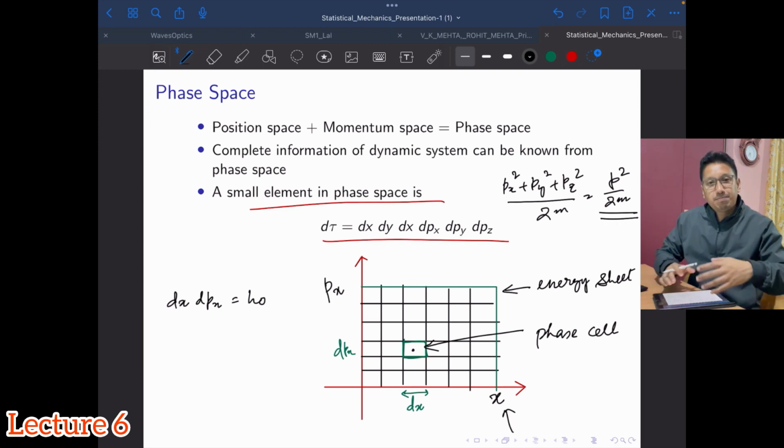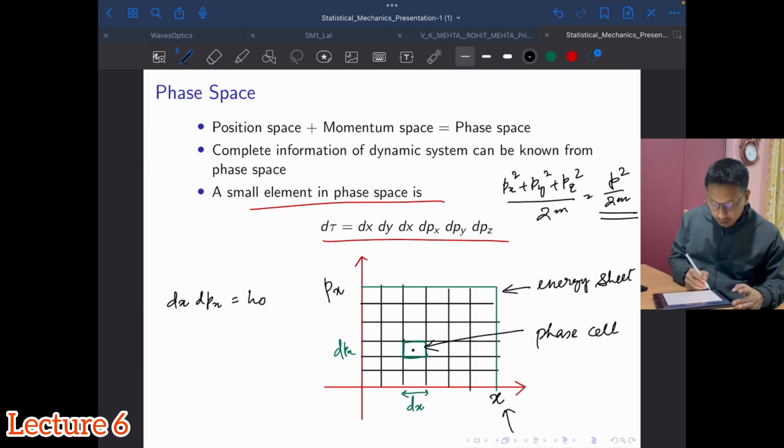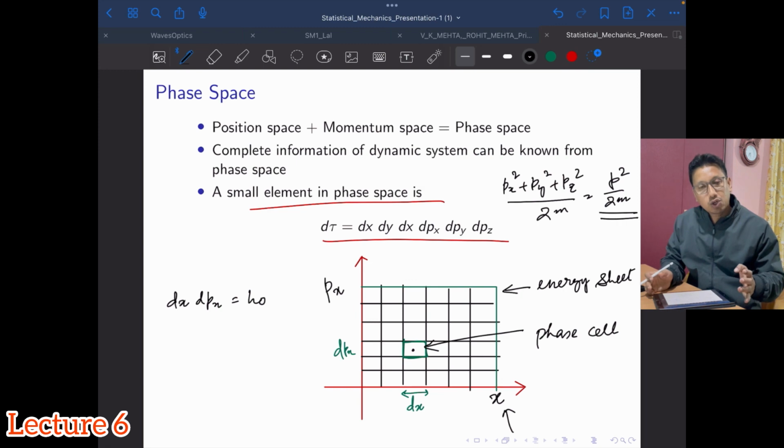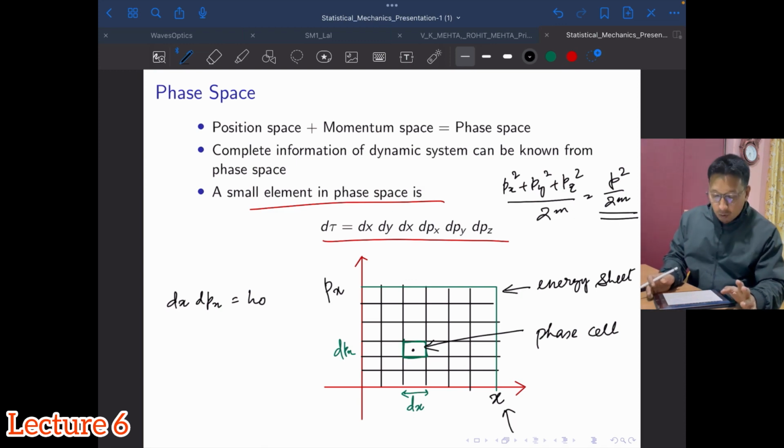So in principle, the area of this phase cell could be made arbitrarily small, down to 0. Whereas quantum mechanics doesn't allow you to do that, because of the uncertainty principle.